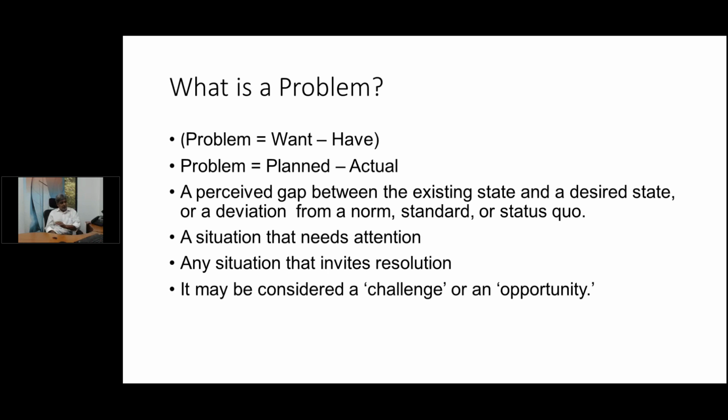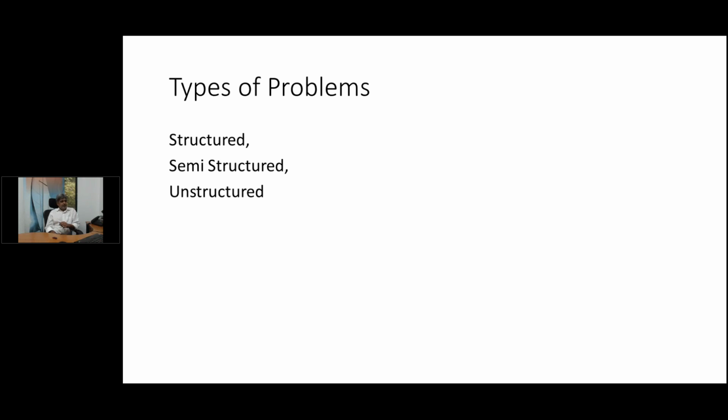There are different types of problems that we come across, and Herbert Simon, one of the very leading computer scientists, has identified two broad categories of problems. According to him, the problem can be a structured problem, or the other is the unstructured problem.